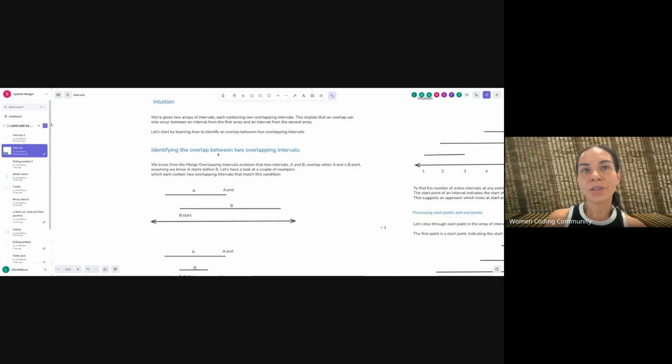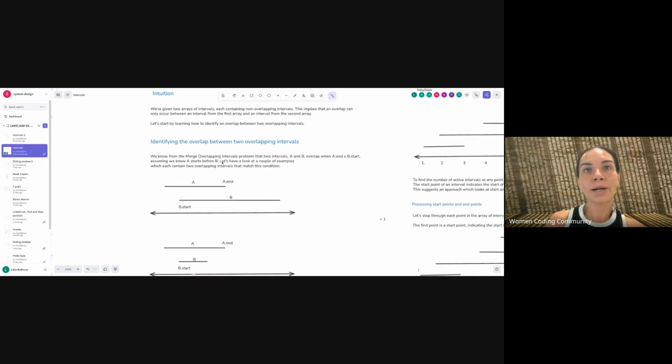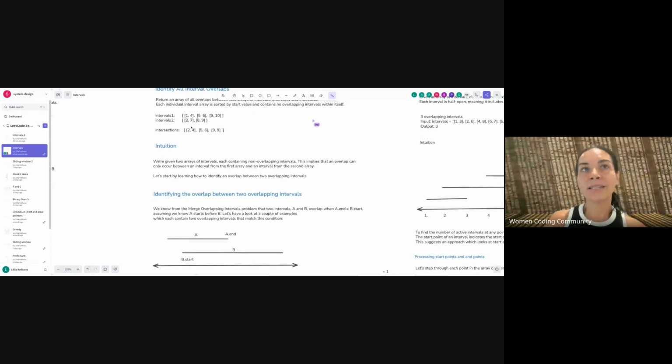Now let's identify the overlap between two overlapping intervals. It will be the same as we did in the previous task. Again, we will have our A interval and our B interval. We will compare A and B the same way as we did in our previous task. The difference is that now we are not in one list of intervals.